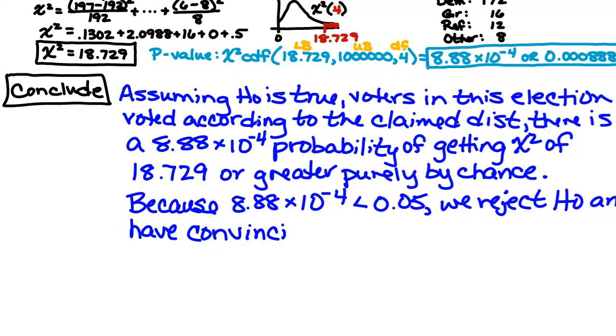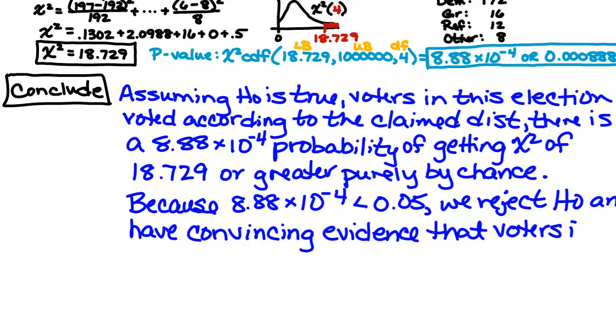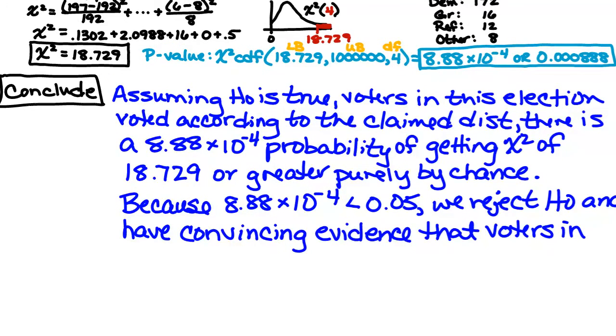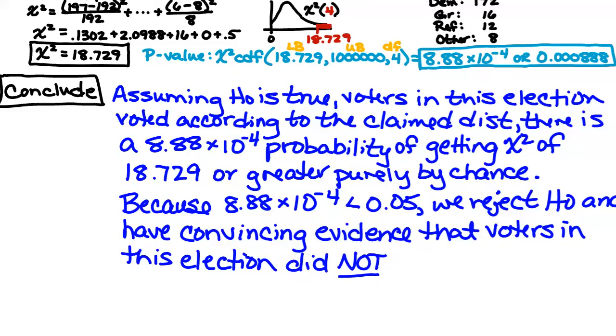Have convincing evidence that voters in this election did not vote according to the claimed distribution.